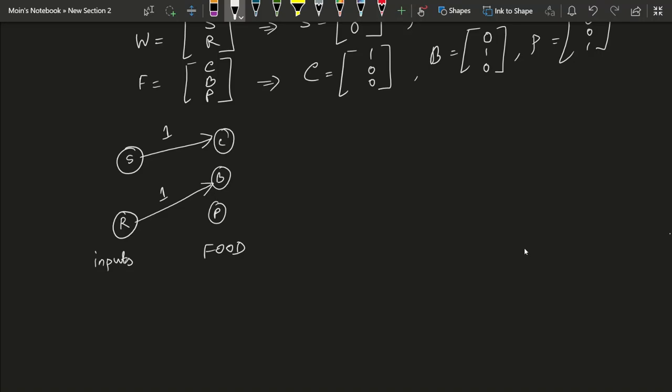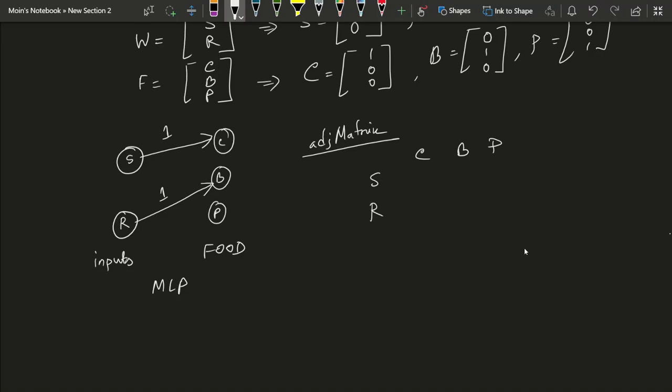If we consider this as our multi-layer perceptron neuron set, we can form an adjacency matrix, from to.